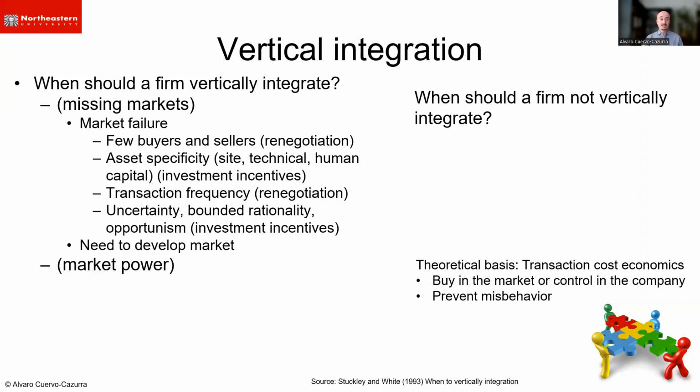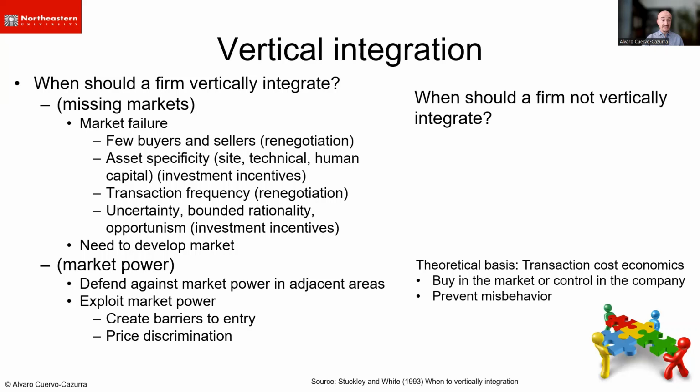Another story is a story of market power. And here you want to prevent others from exerting market power. If they control particular segments, maybe they are going to exploit it, and then they are going to prevent others from entering, and therefore they are going to demand better terms for themselves, or they might control also different sections, and they might basically impose price discrimination. You depend more on them, and therefore they are going to ask you to pay more.